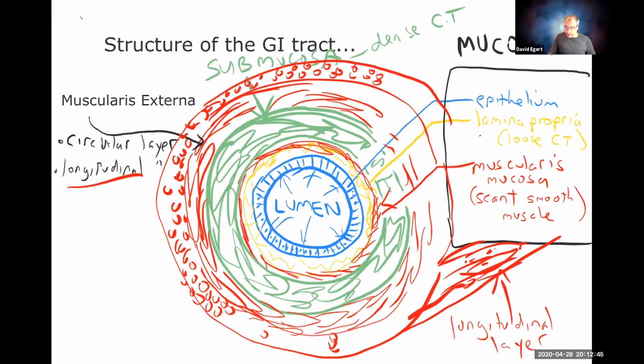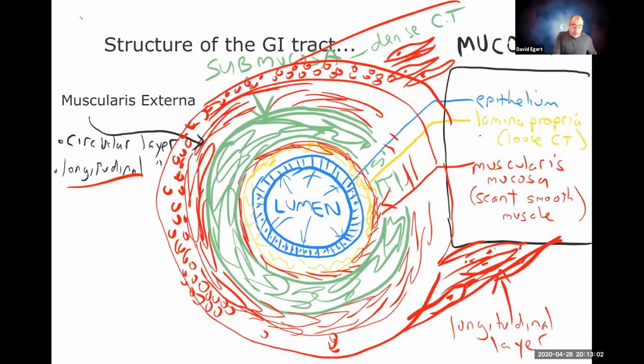But if you're looking at them sideways, then this would be a cross section, but it's actually a smooth muscle cell that's going this way.